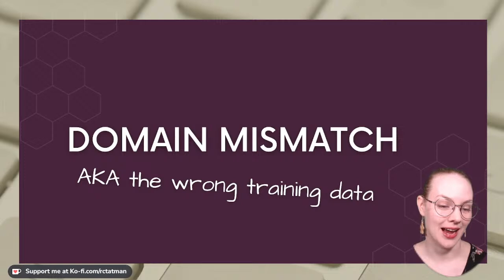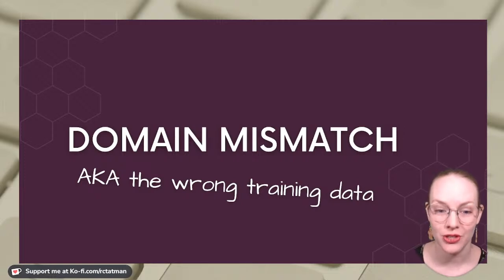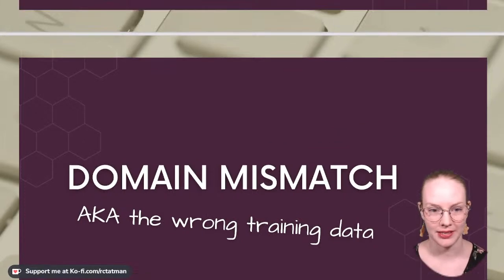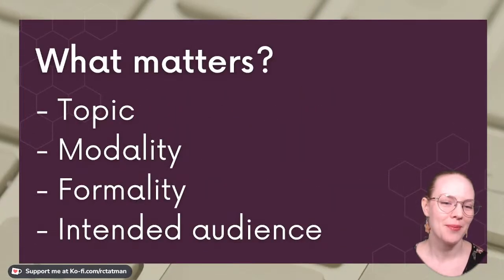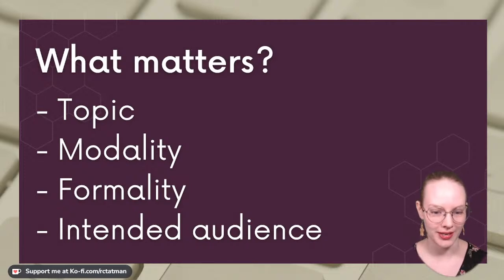And this is a huge, huge issue. Part of the reason that it's an issue is that a lot of folks who are new to working with language data don't necessarily consider what makes something mismatched. It's a lot of factors, and I'm only going to talk about the ones I've seen most recently or most commonly here.